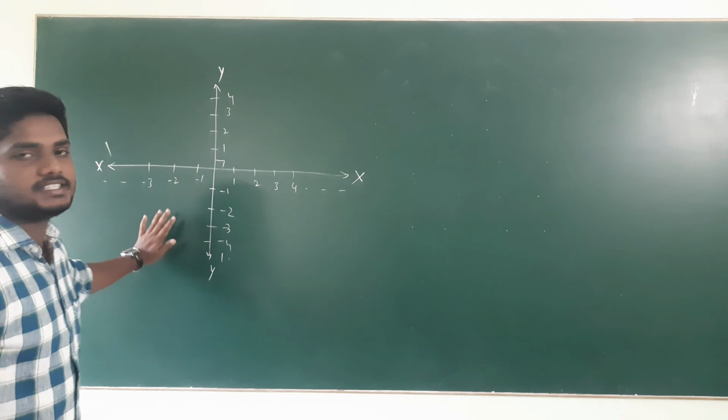This line is x equal to 3, passing through 3 comma 0 and perpendicular to the x axis, and also parallel to the y axis. This is the x equal to 3 line. Now if you take any straight line, that straight line divides the Cartesian plane into two equal parts. This line divides the entire Cartesian plane into two equal parts.